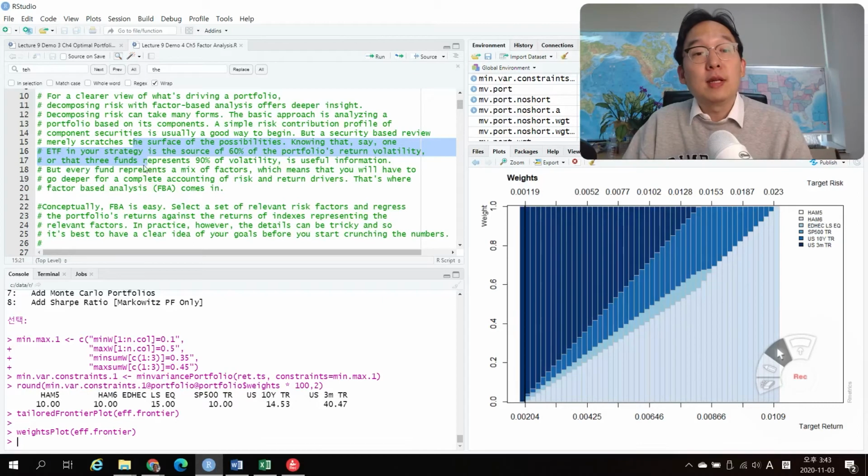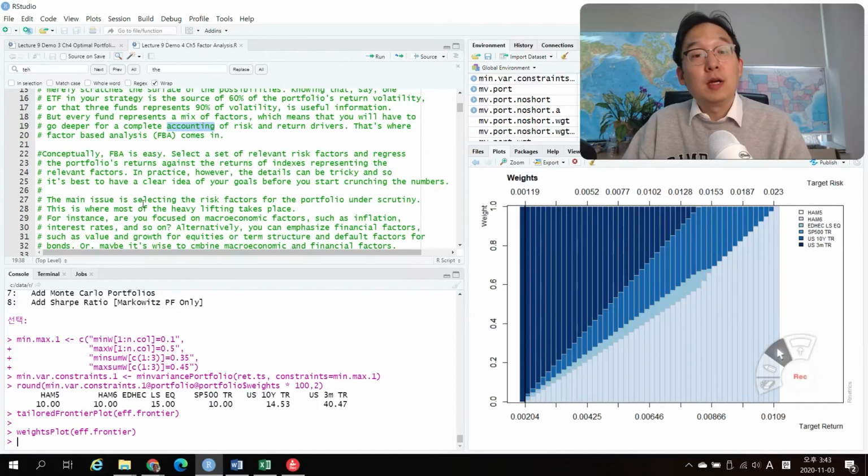Knowing that, say, one ETF in your strategy is a source of 60% of your portfolio's return volatility, or that 3 funds represent 90% of the volatility, is useful information. But every fund represents a mix of factors, which means that you will have to go deeper for a complete accounting or explanation of risk and return drivers. That's why factor-based analysis is important.